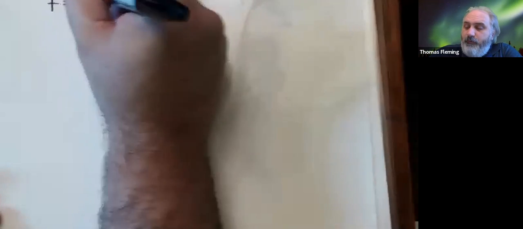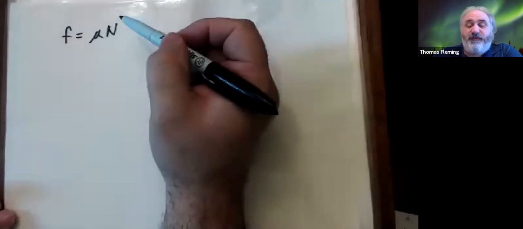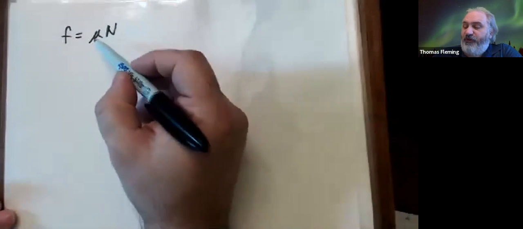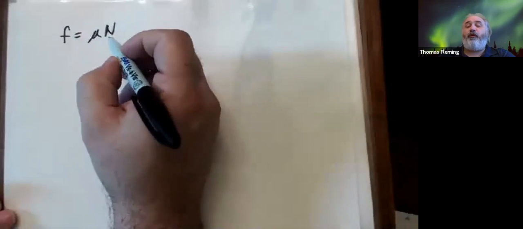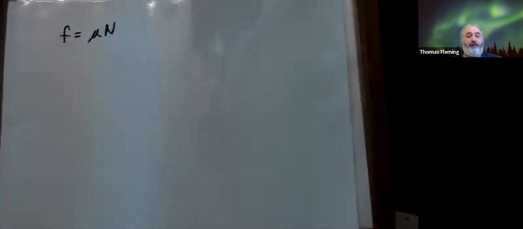All right, so let's recap real quick. We learned yesterday that friction is a force whose upper bound is given by this letter mu, which is the coefficient of friction, times the normal force between the two surfaces that are causing the friction, right?